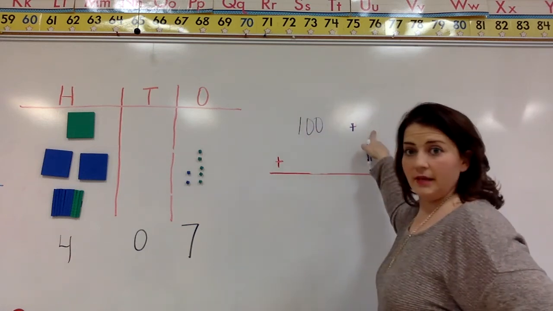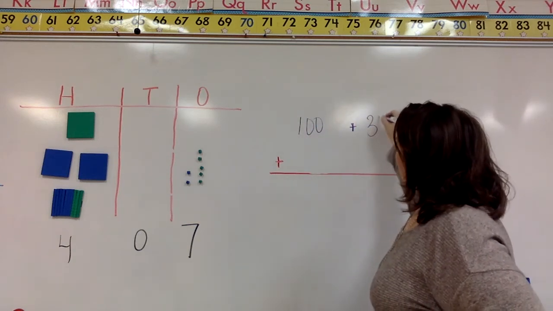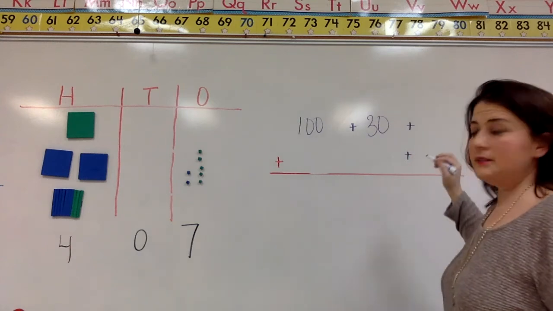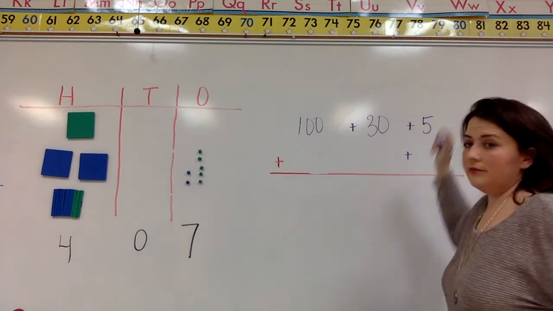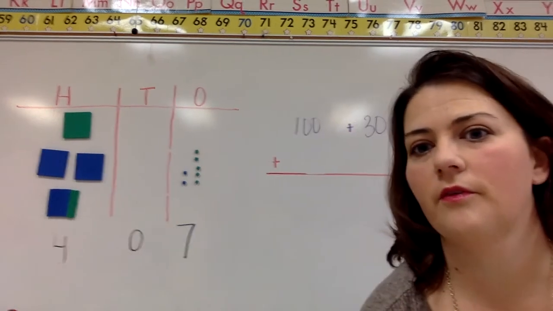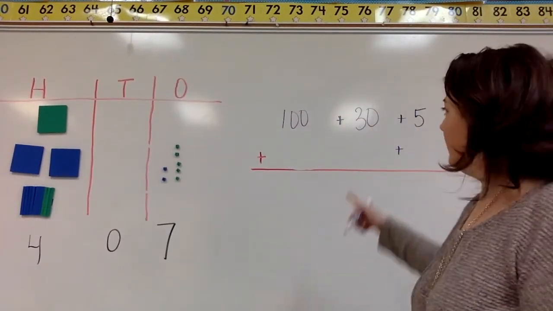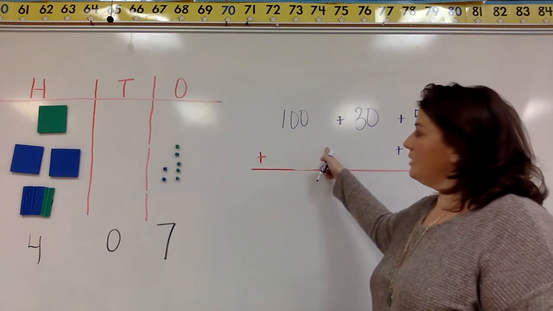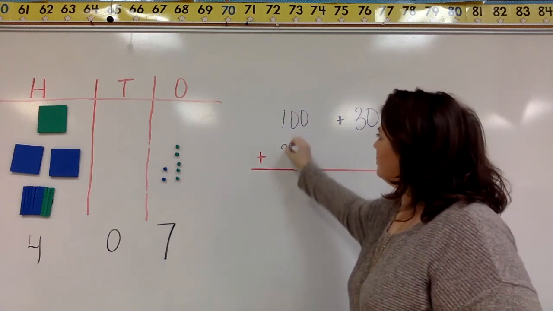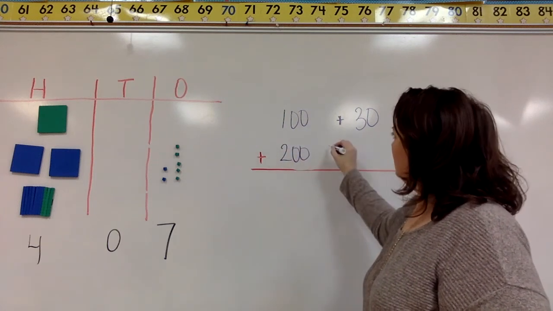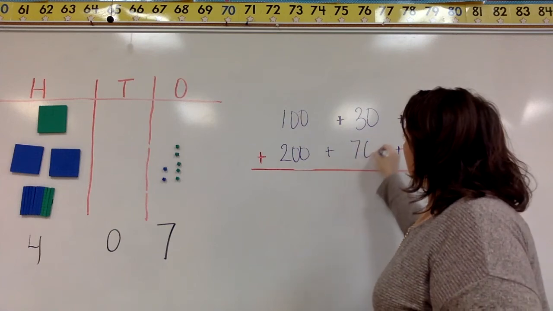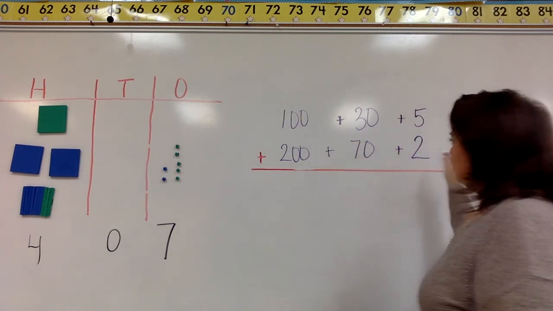What about our tens place? 30. And then our ones? 5. Okay. And now our second number is 272. So it's going to be 200 plus 70 plus 2.